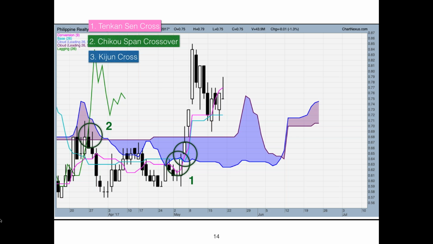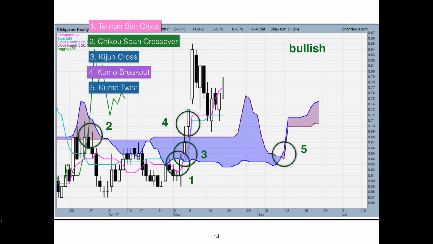Third, there was a Kijun cross, where the price crossed above the Kijun-sen line. Fourth, we have the Kumo breakout. This is where price breaks above the Kumo. Fifth, we have the Kumo twist. This Kumo twist signaled a change in sentiment from bearish to bullish.